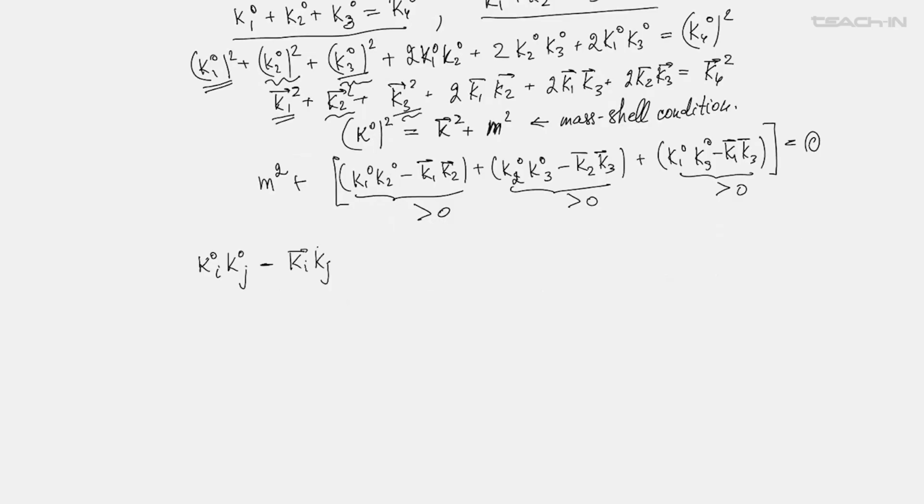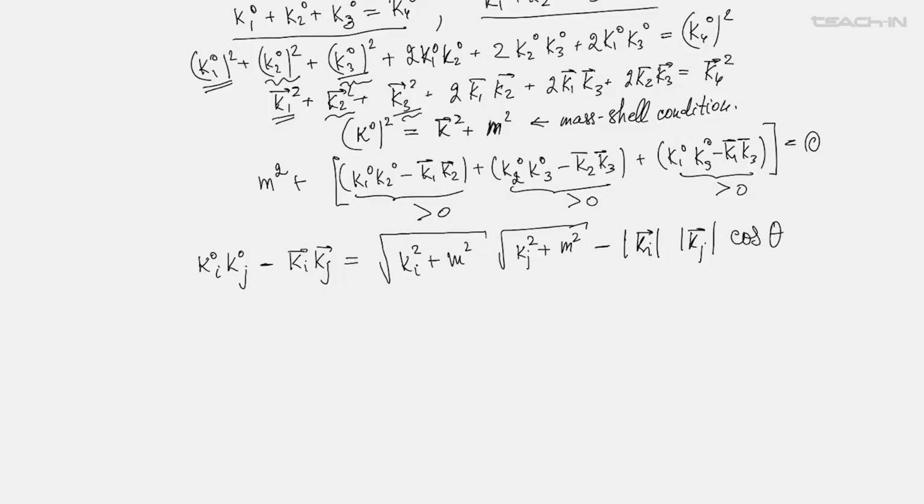Ki0 Kj0 is a product of square root of Ki squared plus m squared and square root of Kj squared plus m squared, minus Ki Kj, the scalar product of Ki and Kj, which I can write as the modulus of vector Ki times the modulus of vector Kj multiplied by the cosine of the angle between them.